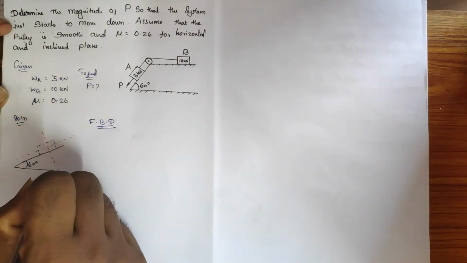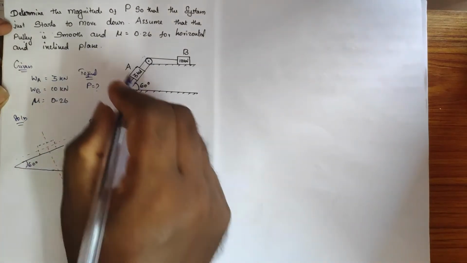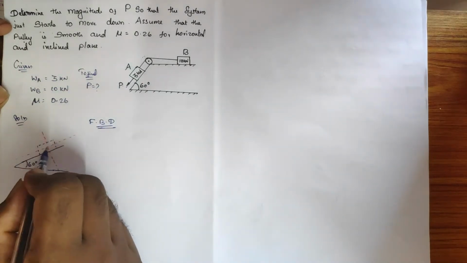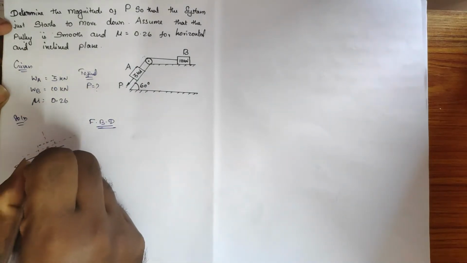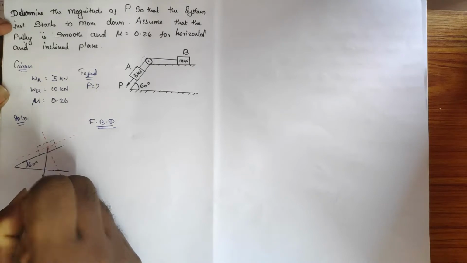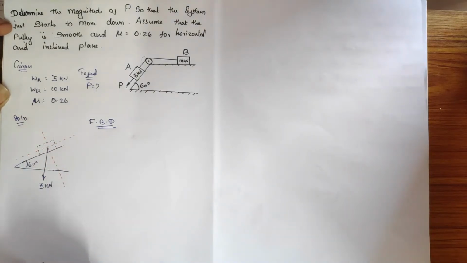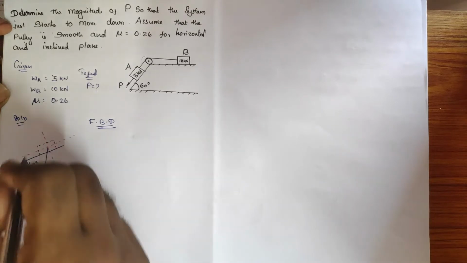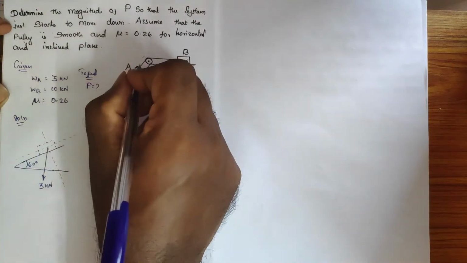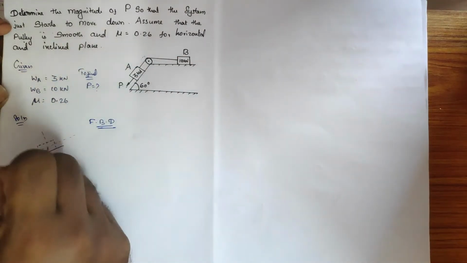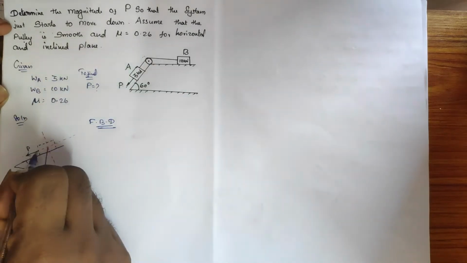Here the self weight of any body will act right downward, so the 3 kilonewton weight is acting downwards, and the P force we need to find is going downwards.